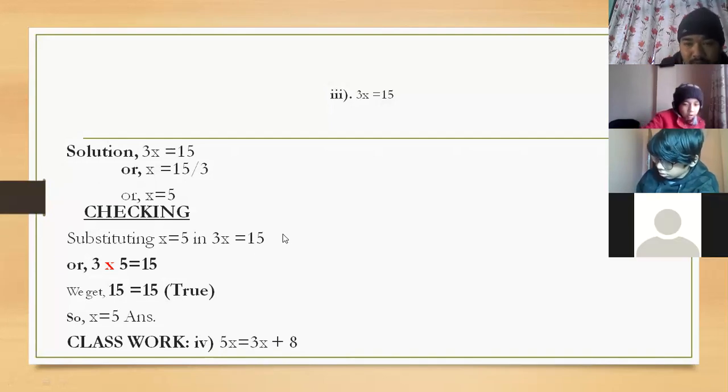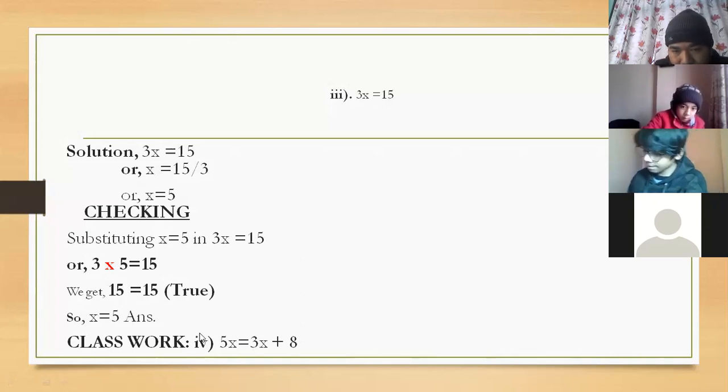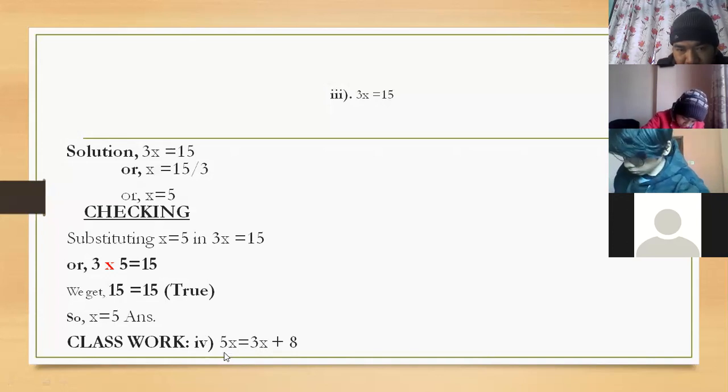Oh yes, sir. Understood. Sir, can you tell once again, slowly? Second step, it will be 5x minus 3x equals 8. We need to do checking also. And 5x minus 3x equals 2x, 2x equals 8, x equals 8 by 2. 8 by 2 means what? 8 divided by 2 means 4.